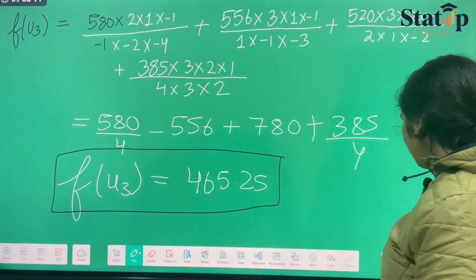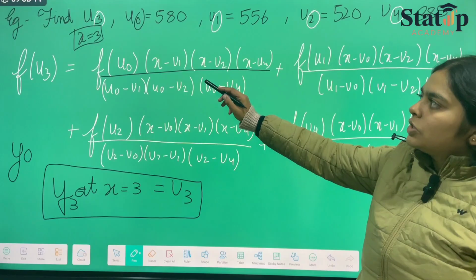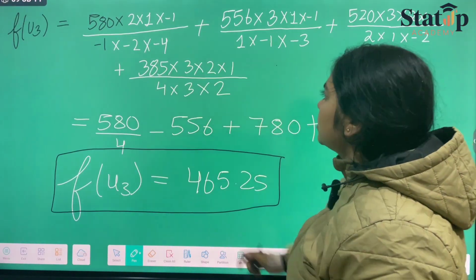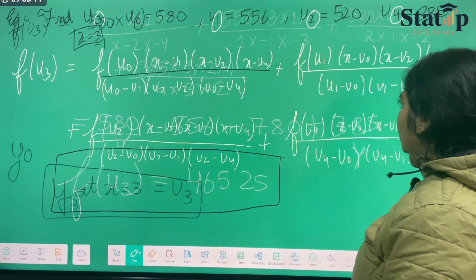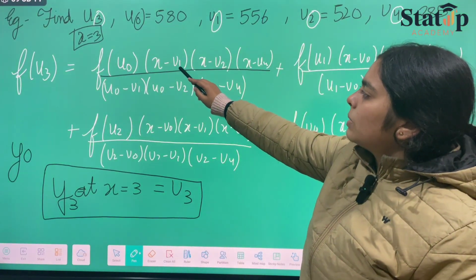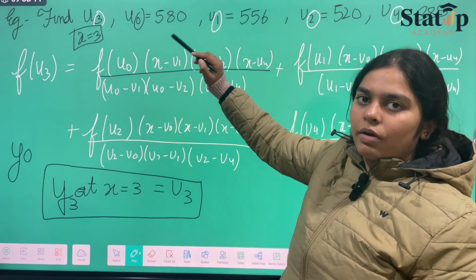Let us take the first term which is f u naught. At u naught the value of the function is 580. So it is 580. X minus u1, x is 3. So x minus u1 is 1 only.